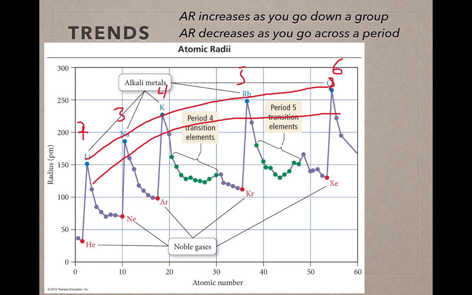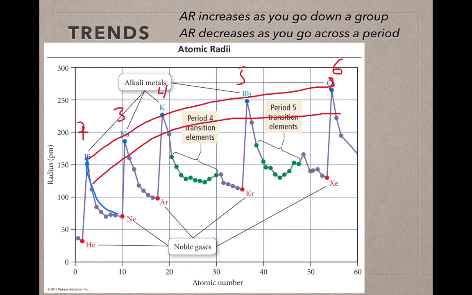This should make sense, because as you go down a group, you're adding a whole other shell onto the outside of the atom, so it gets bigger. Now the one that's kind of weird is that atomic radius decreases as we go across a period.